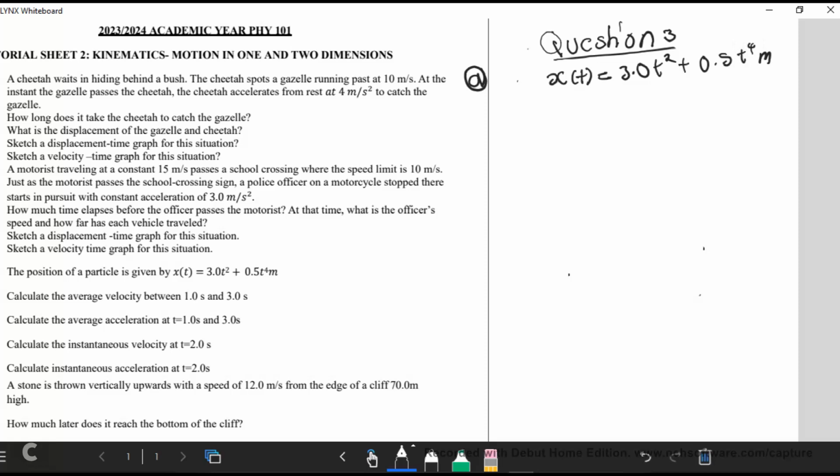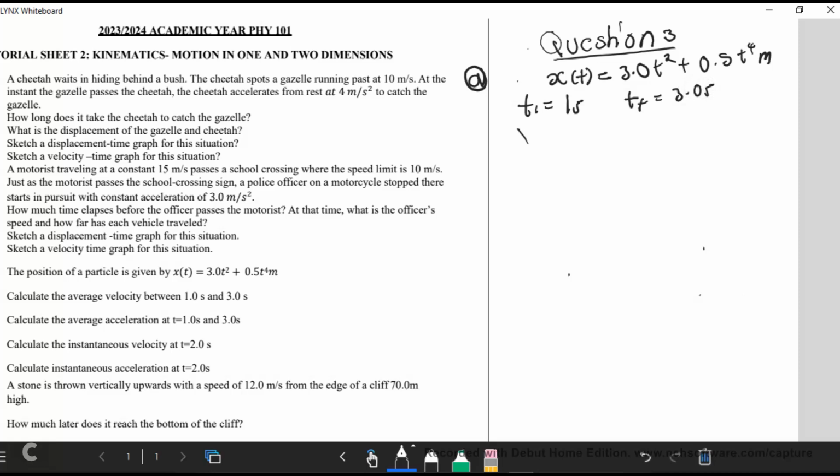So the first question, which is A, says calculate the average velocity between 1 and 3. So the initial time here is 1 second, and the final time is 3 seconds. So what are you supposed to calculate?